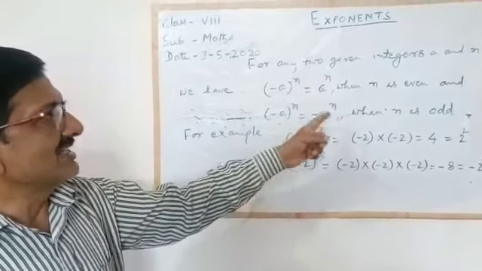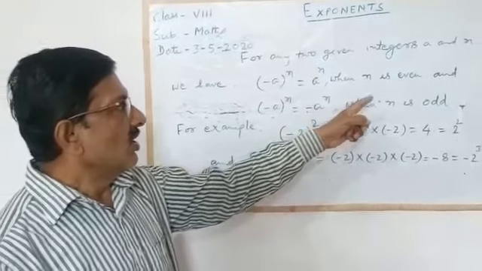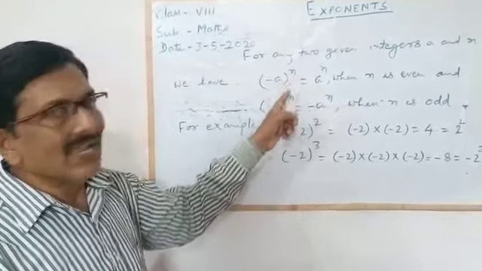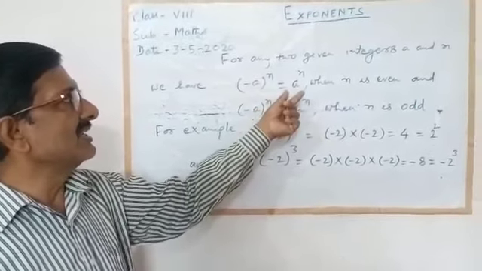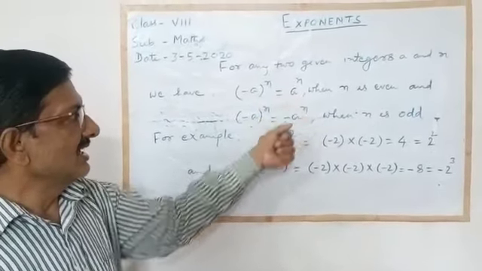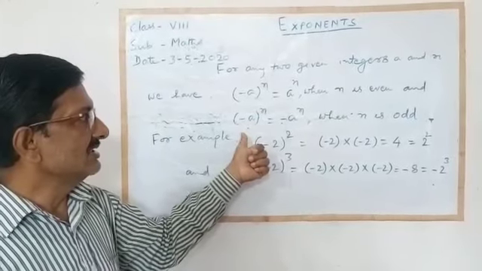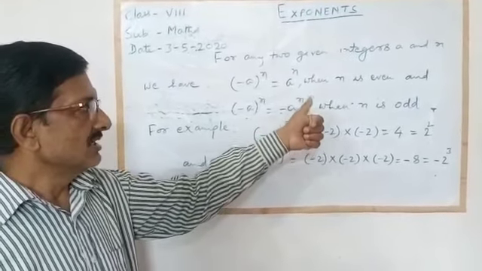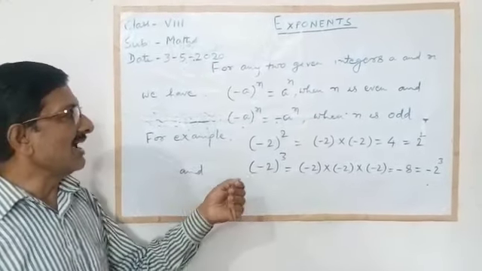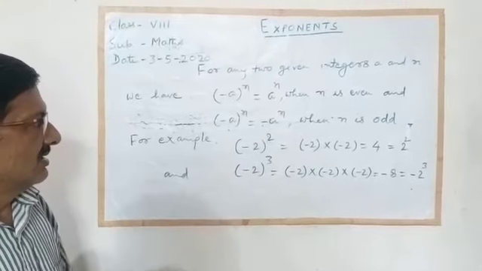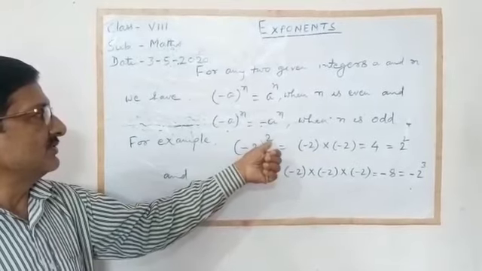So we are considering here odd and even values of n. When the value of n is even, we get a positive result, and when n is odd, we get a negative result.